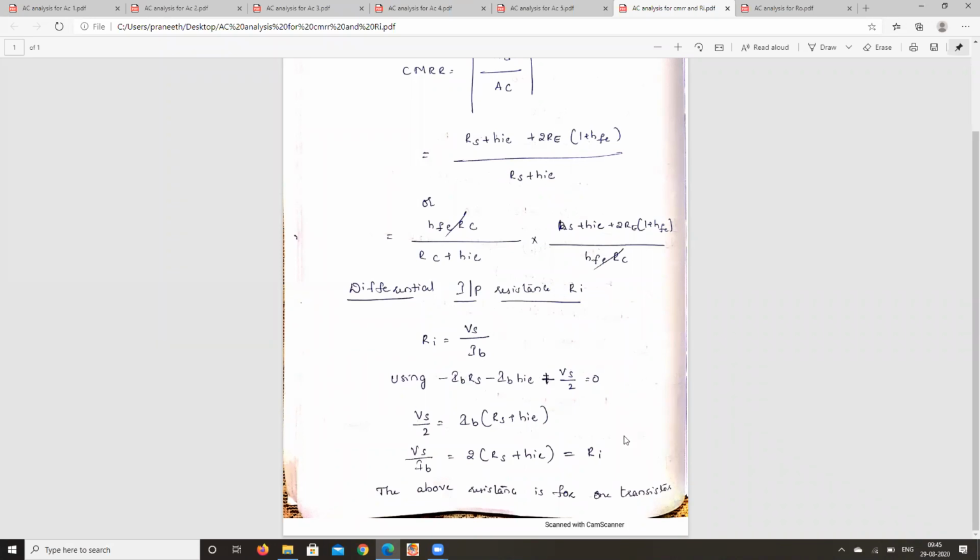So what I'll do over here is just simplify this expression, taking the IB terms to one side and the Vs by 2 terms to one side.